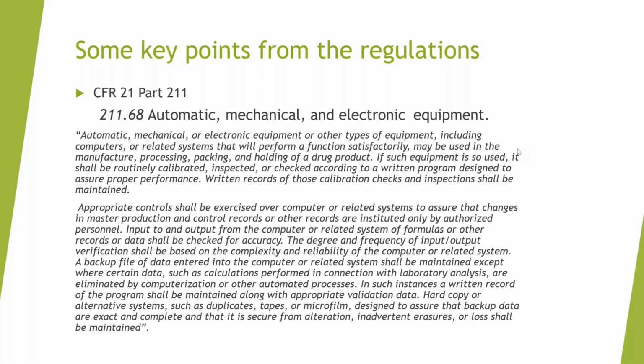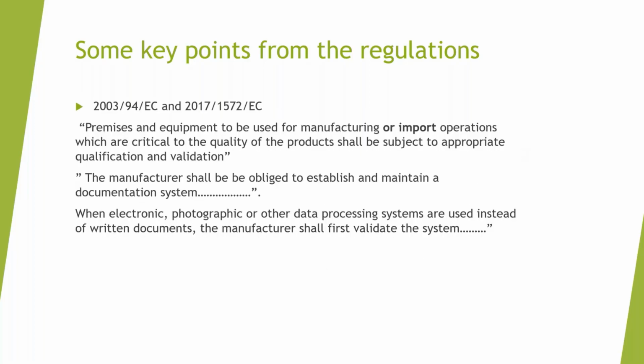It also talks about computerized systems as well, to ensure that any computerized systems that you are using are appropriately checked and validated. And we will be getting on to validation later on when Gail talks to you about that.